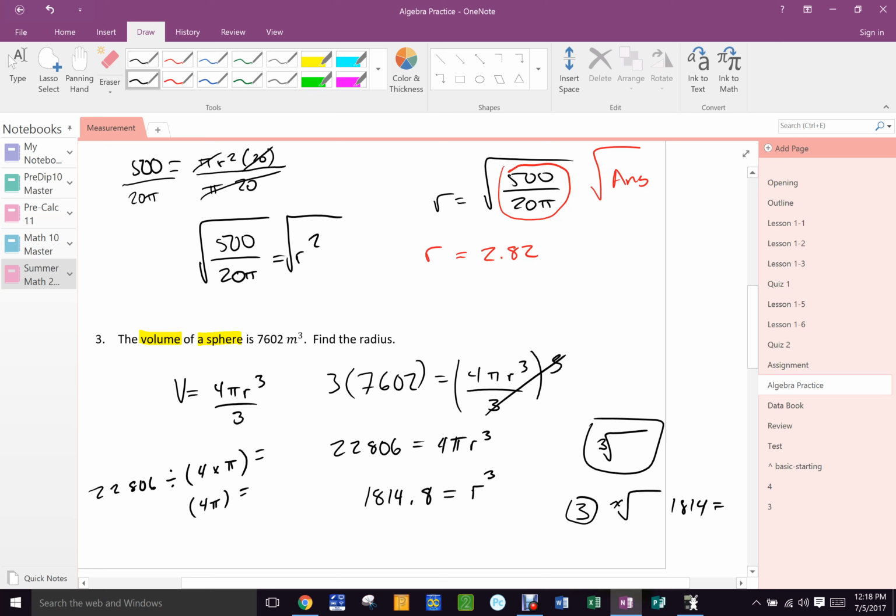And that should give you the answer, which is 12.19. But again, if you don't have that, don't lose a lot of sleep over it. Everybody cool?